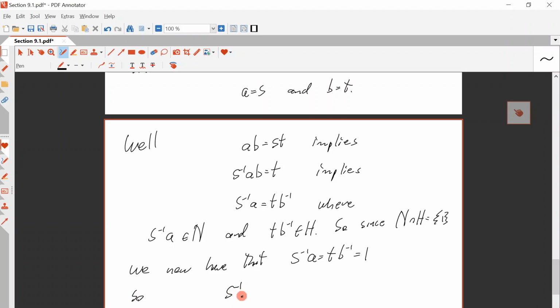Alright, so S inverse A equals 1, and TB inverse equals 1. So A is equal to S, and T is equal to B, as required.